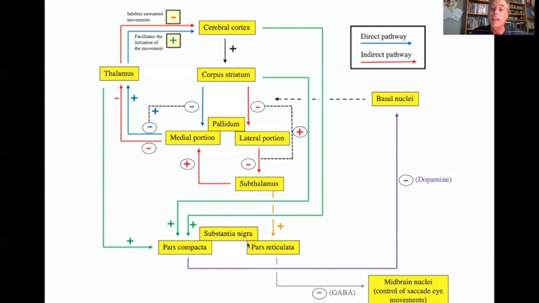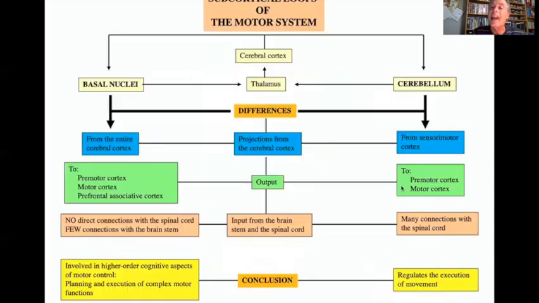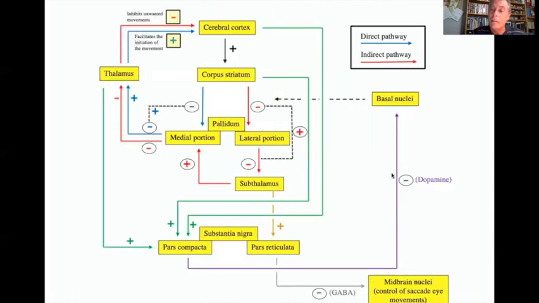However, the substantia nigra, in particular the pars compacta, receives activation from the cerebral cortex and from the striated body, as well as from the thalamus. This pars compacta is a very important area because it projects dopaminergic inhibitory actions over the basal nuclei in order to control the activity of these nuclei.